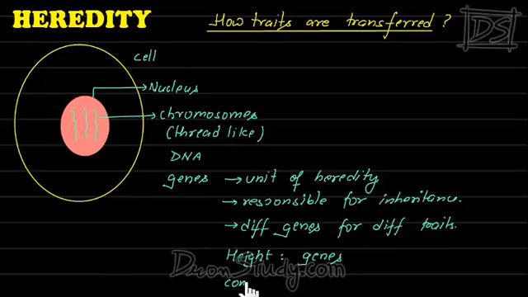Let's talk about another trait, complexion. Every organism will have a different complexion. Some might be black, some white, can be of different color. So how is this decided? For that also we have genes. So the genes present in any human being, genes related to complexion, will decide the complexion of that person.